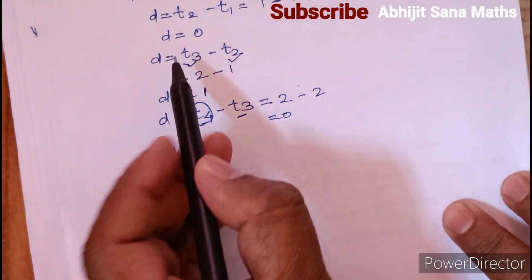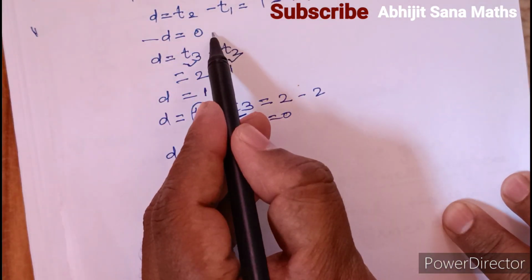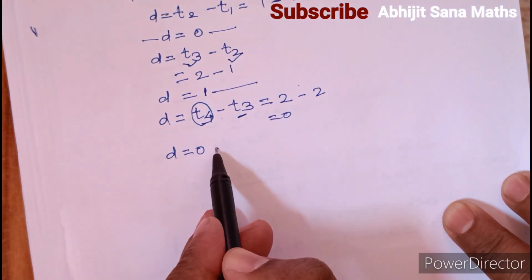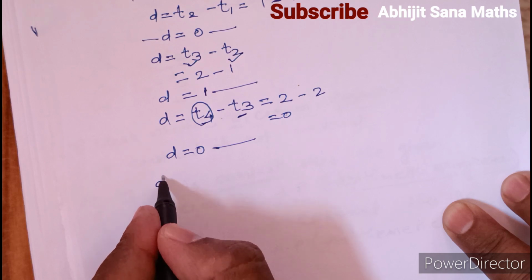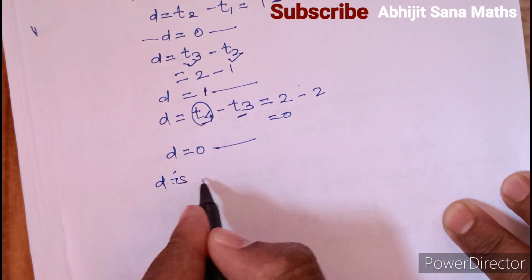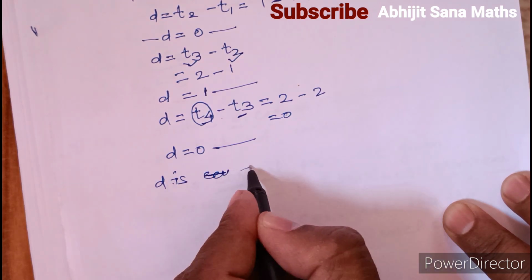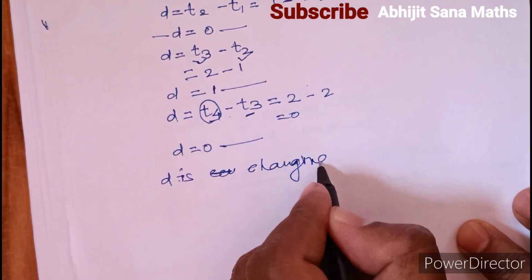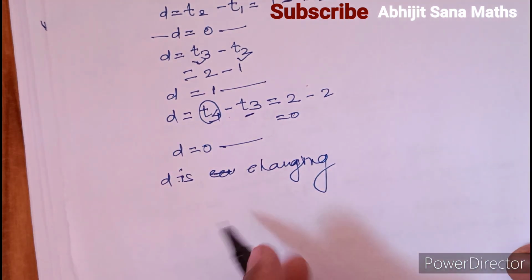Now on observing we get that the value of D here is 0, here comes 1, then here also comes 0. Means the value of D is changing, it is not remaining constant.